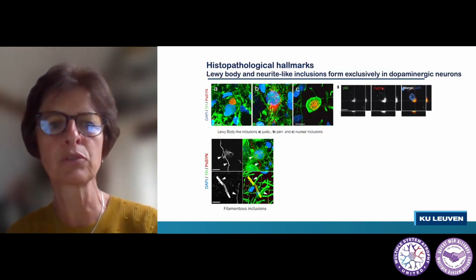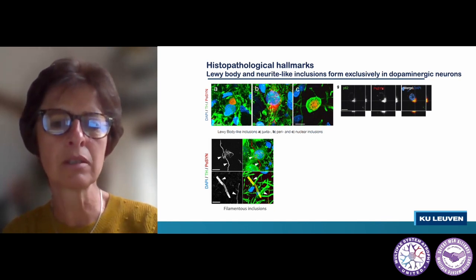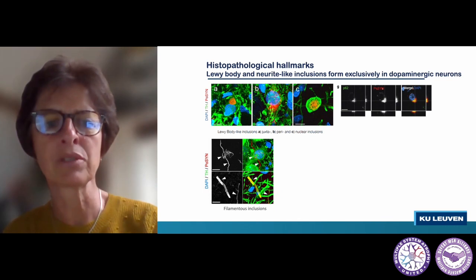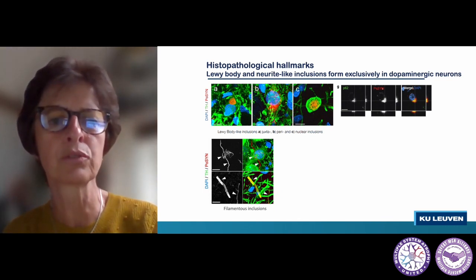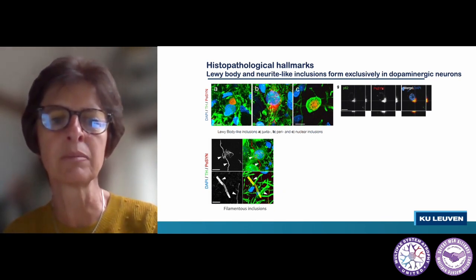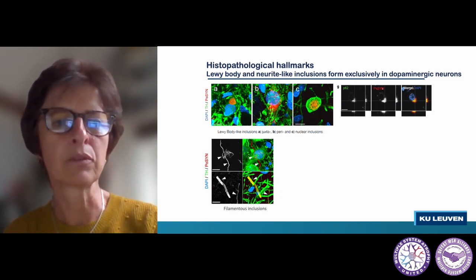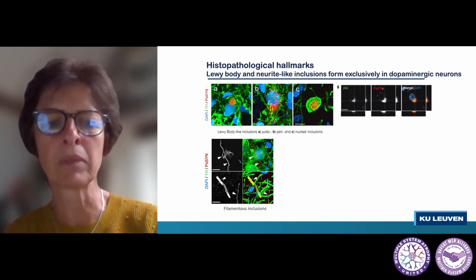So what he did was to look at Lewy body-like formation if you inject these strains. Indeed, what we saw is that injection of fibrils or ribbons induced alpha-synuclein aggregates in dopaminergic neurons. You can see it here by staining for phosphorylated alpha-synuclein together with TH as a dopaminergic neuron marker.